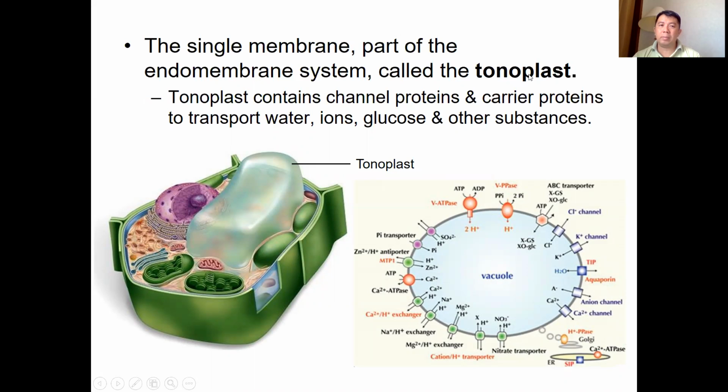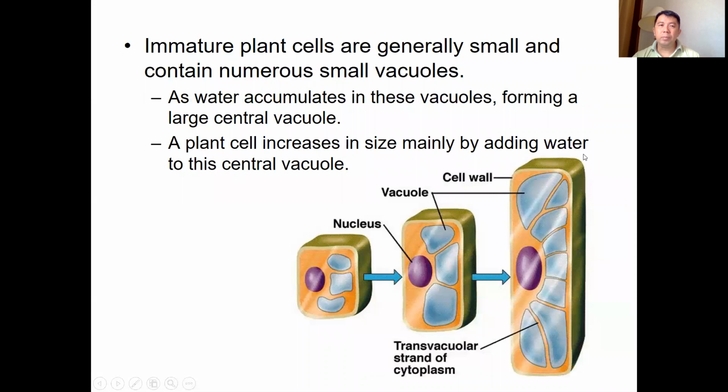The tonoplast contains channel proteins and carrier proteins to transport water, ions, glucose, and other substances. So you can see there are many carrier proteins and channel proteins for the transport of substances. That means the tonoplast is a partially or selectively permeable membrane.